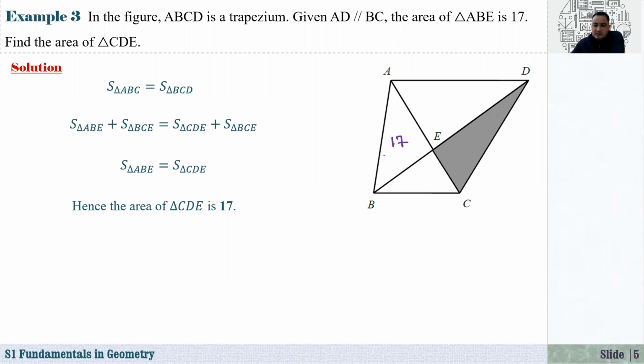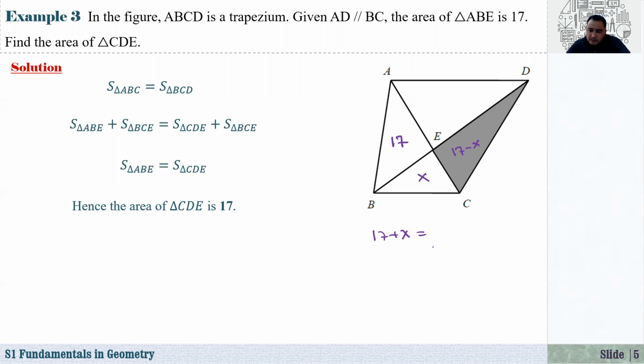Or simply, since they are equal, you can also solve it as follows. Suppose this area is equal to X, then this area should be 17 minus X. So from here, the area of ABC is equal to 17 plus X. The area of BCD is 17 minus X plus, what is it?